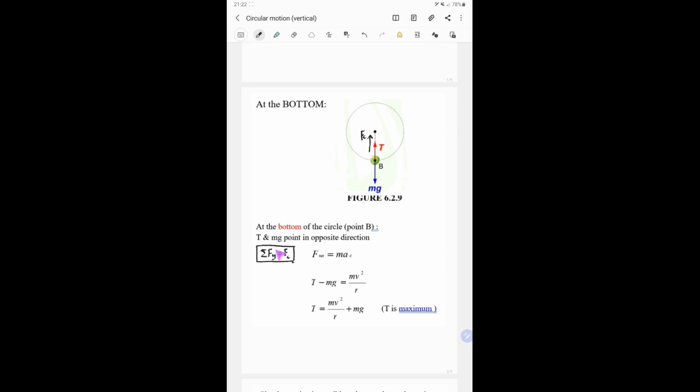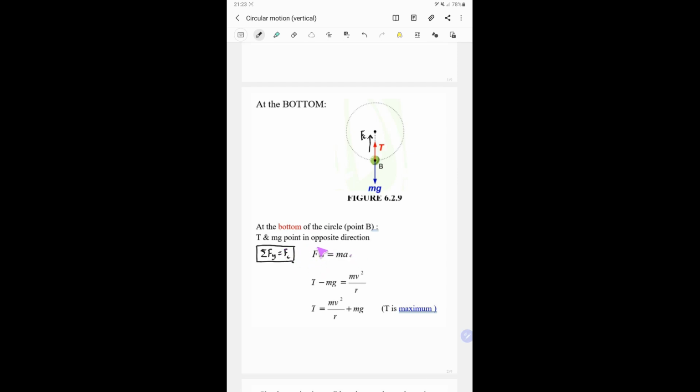So again, the total of Fy equals the net force, which is Fc. Remember again, Fc is the net force, so don't ever total up Fc with other forces. Fc should be separate because Fc is the net force. Alright, so F net equals mac, and mac is still equal to Fc.